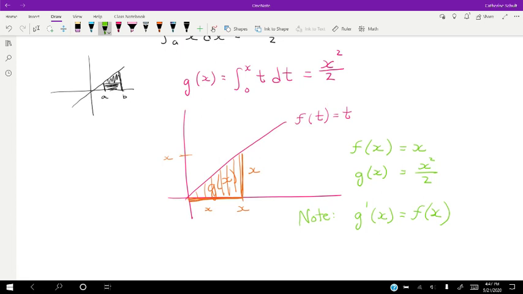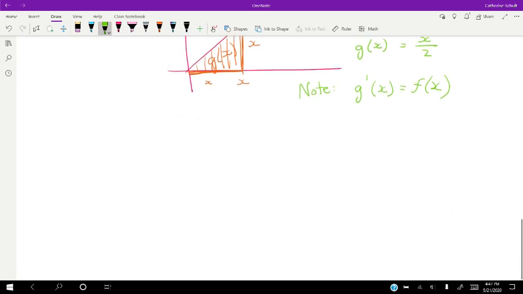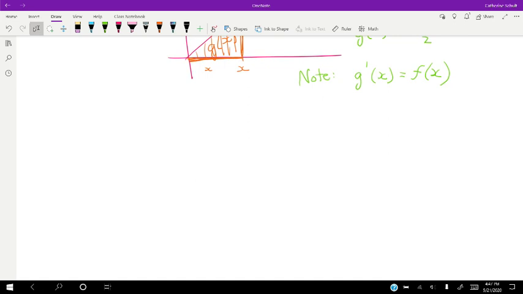Okay, so there you go. So let's explore. This is going towards the fundamental theorem of calculus, part 1. Let's find g prime of x in general. So in general, not just when f is equal to x.